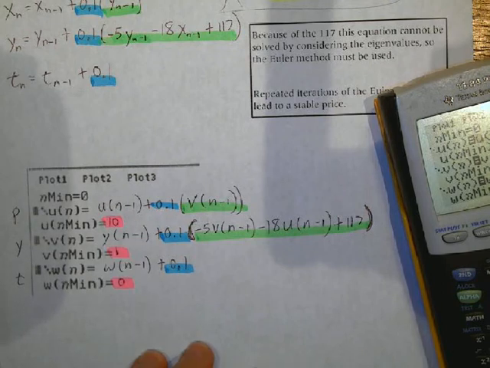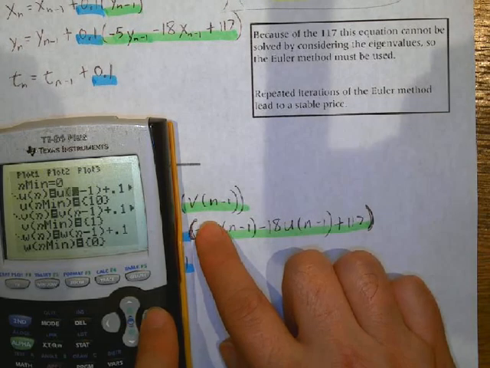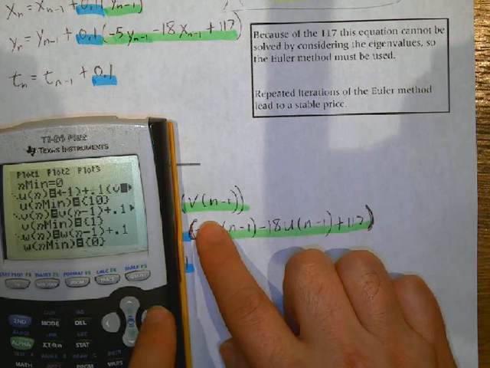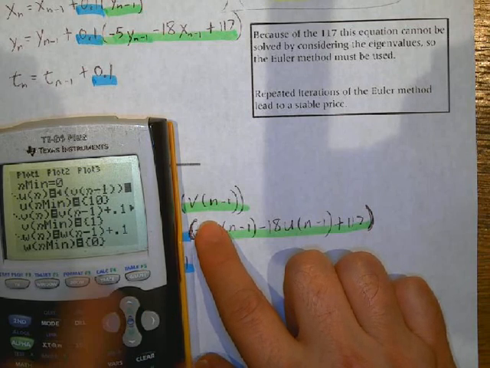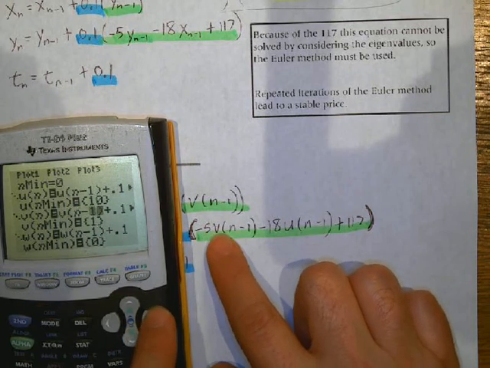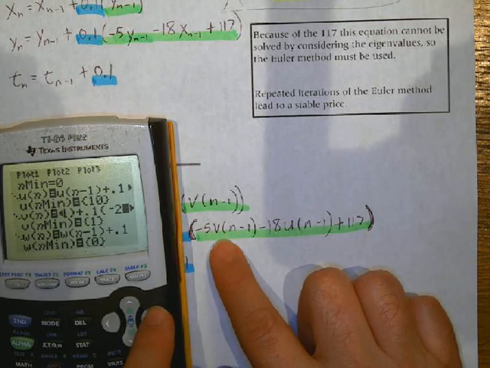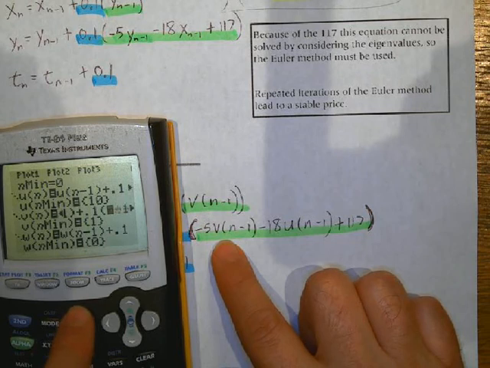So let's change this here. Oh, in fact, that line's the same, isn't it? So I only need to change this line right here. So back to here, delete, delete, delete.